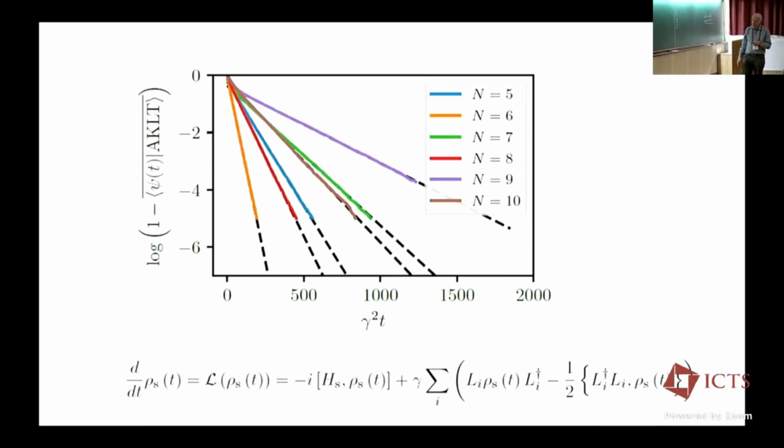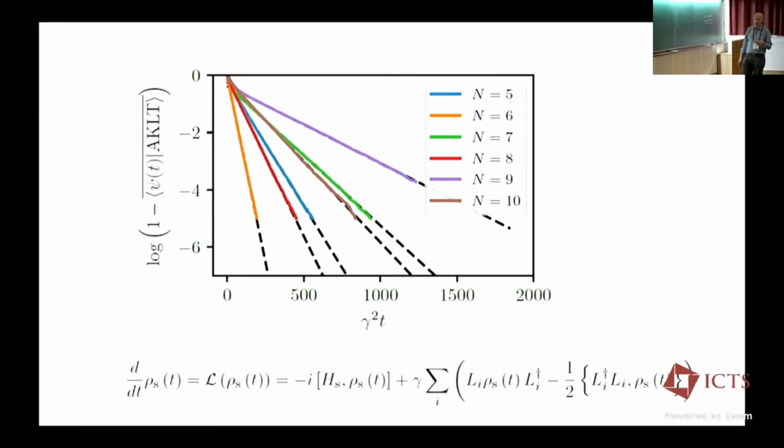So here, this is the time, or the number of steps. Gamma, to remind you, is the strength of the coupling of the detector to the link, or the coupling constant of the Lindbladian. Here, this is the logarithm of the distance to the AKLT asymptotic ground state.